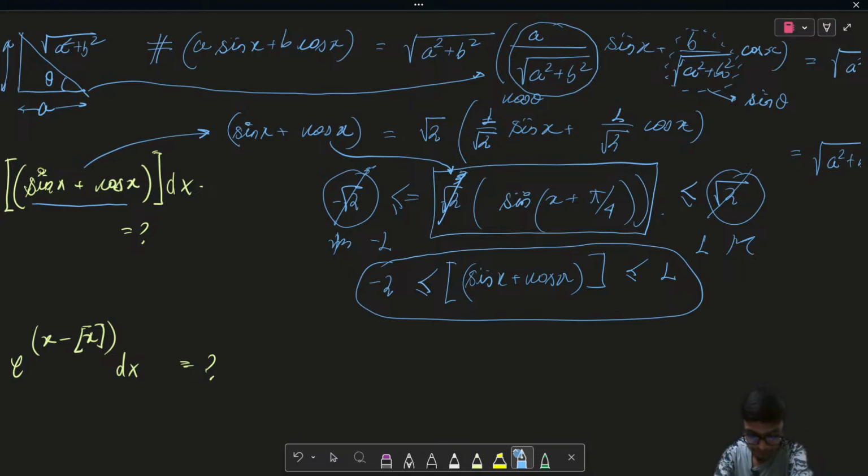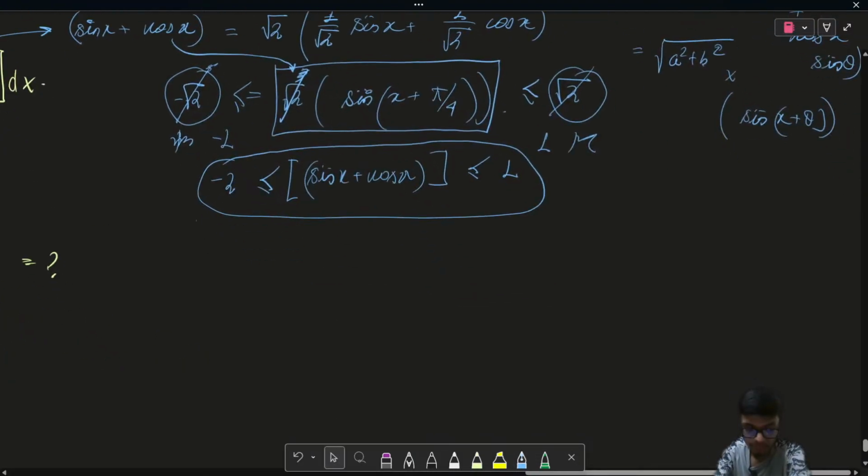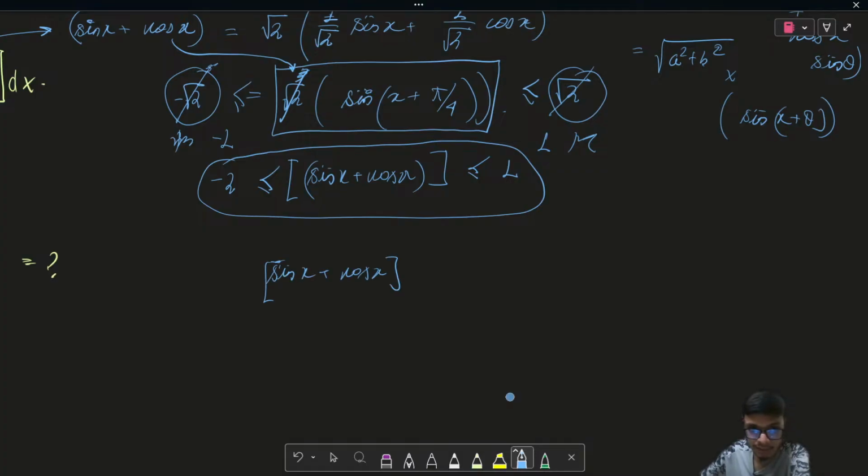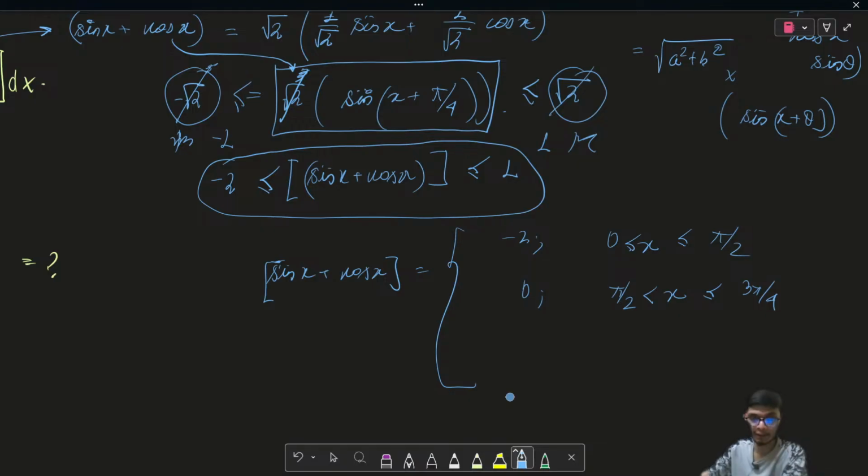So if I just do that over here, the greatest integer of sin x plus cos x will be equal to minus 2 when my x is lying between 0 to pi by 2, right? Similarly, it is equal to 0 when my x is lying between pi by 2 to 3 pi by 4, right?